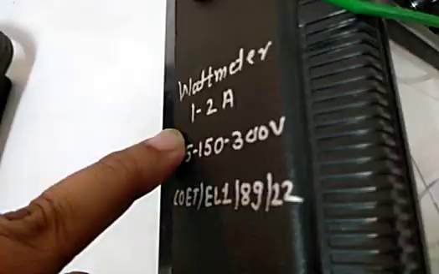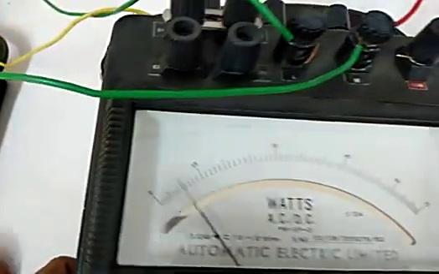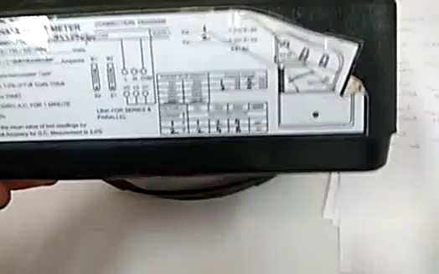If you see the table, the strips are horizontal. So for this wattmeter, if you see over here, it is the 1/2 ampere, lower current range 1 ampere, and the voltage scale we have selected is 75. Okay, so 1 ampere and 75. If you refer to the table, 1 ampere and 75.